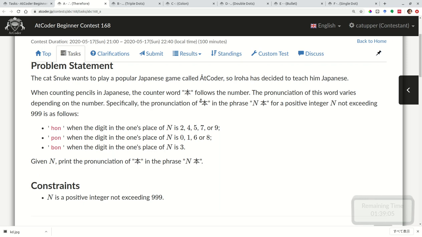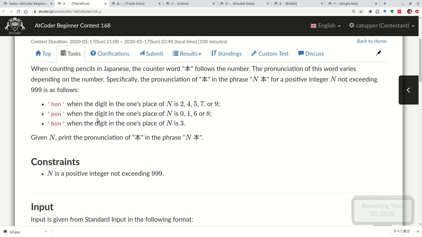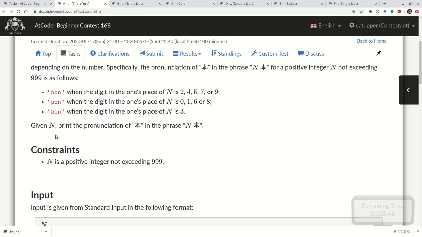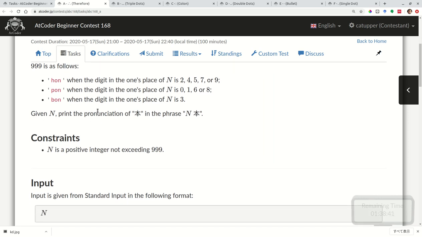Specifically, the pronunciation of hon in the phrase "N hon" for a positive integer N not exceeding 999 is as follows: hon when the digit in the ones place of N is 2, 4, 5, 7, or 9; pon when it is 0, 1, 6, or 8; and bon when it is 3. Yeah, it's a very famous Japanese factor. Given N, print the pronunciation of hon in the phrase "N hon".